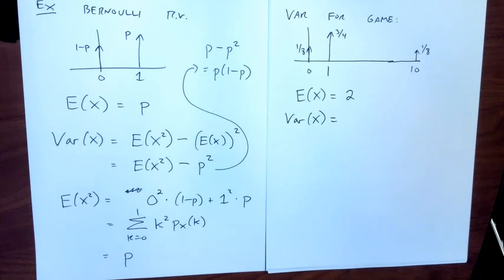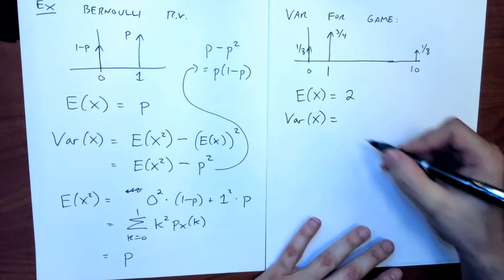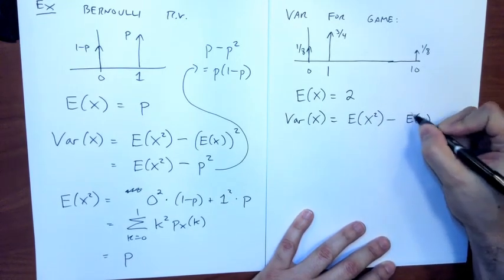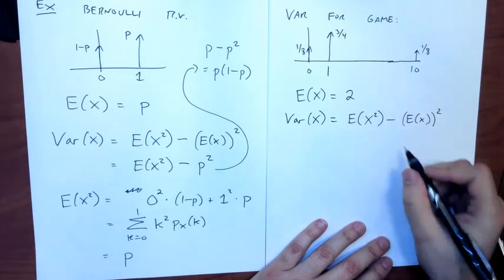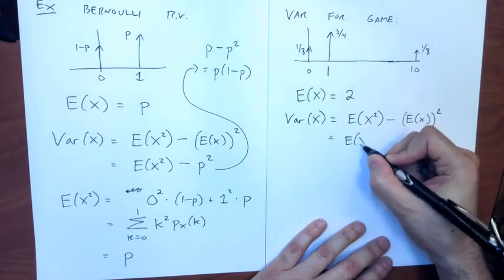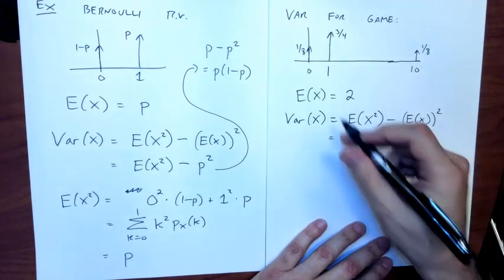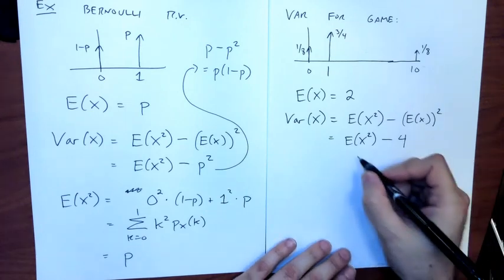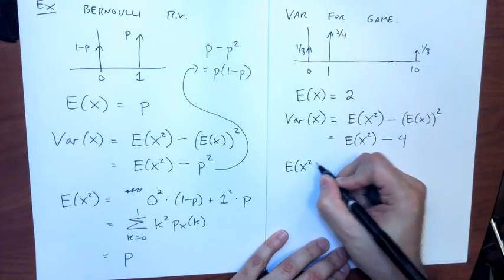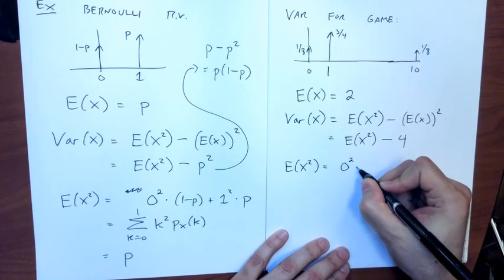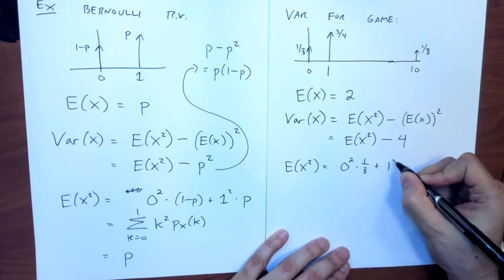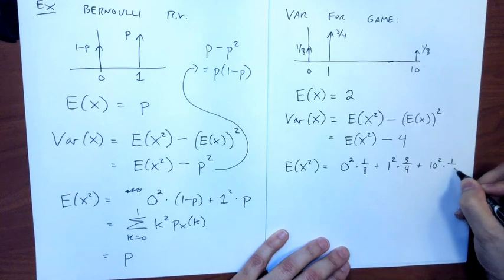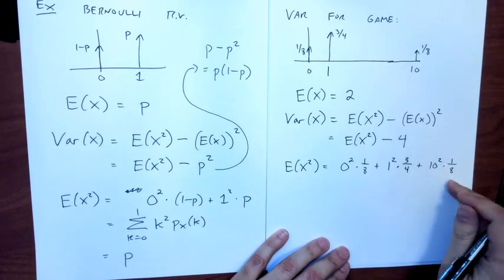Well, I'm going to do this in two ways. Way number one is using this formula, E of x squared minus E of x, squared. For this, I have to compute the front part, and usually whenever you're computing the variance, you already have the other part. So I'm going to have this minus 4. But what is E of x squared? I have to compute it. I'm going to have 0 squared times the probability of getting 0 plus 1 squared times the probability of getting 1 plus 10 squared times the probability of getting 10, which is 1/8.